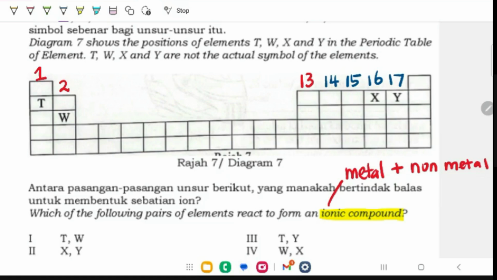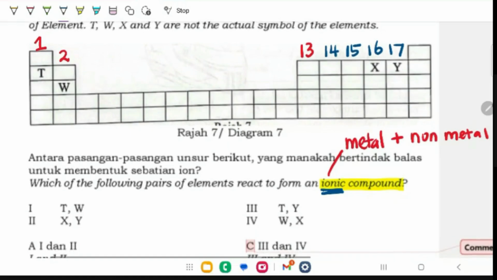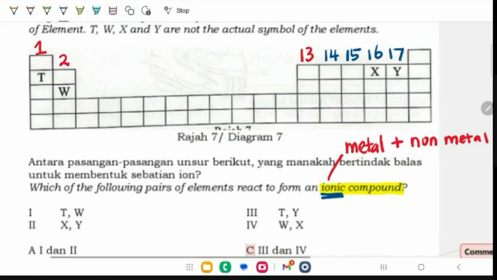Okay, 18 not possible. So meaning that class, if you want to form the ionic compound, it will be metal with non-metal. So meaning that T with X, T with Y, W with X, W with Y. Okay, so which one is correct? TW possible or not?